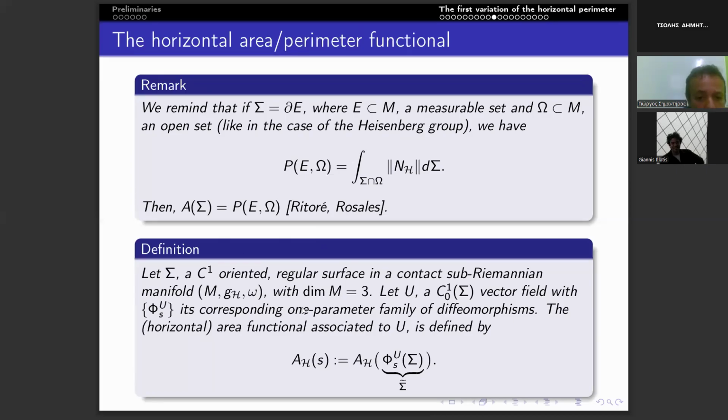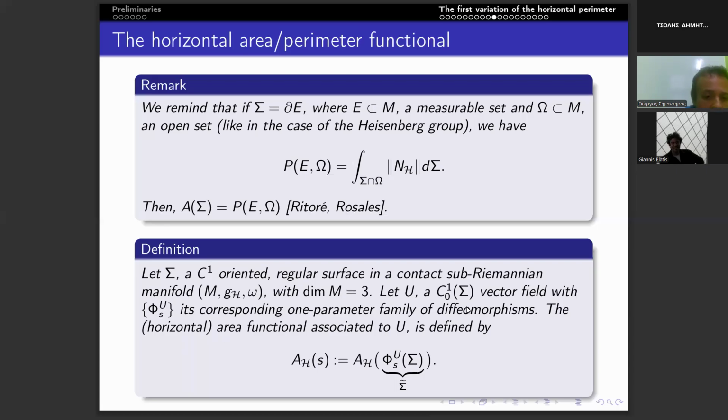So we can define the horizontal area functional now. We have all the ingredients ready. We start with sigma, an oriented regular surface. And we have M, our contact manifold, which is three-dimensional. And we have also a vector field U with compact support on sigma, which corresponds to the one-parameter family of diffeomorphisms phi_s of U, calling it just phi_s.